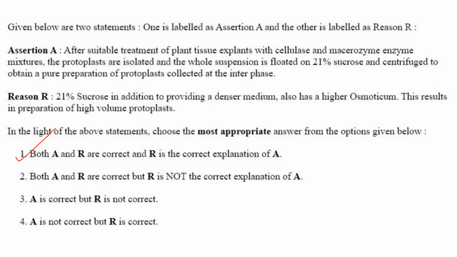That's 100% correct. 21% sucrose, in addition to providing a denser medium, also has higher osmoticum. This results in the preparation of a high volume of protoplasts. That is why you use 21% sucrose for protoplast isolation. So the answer here is both A and R are correct, and R is the correct explanation of A.